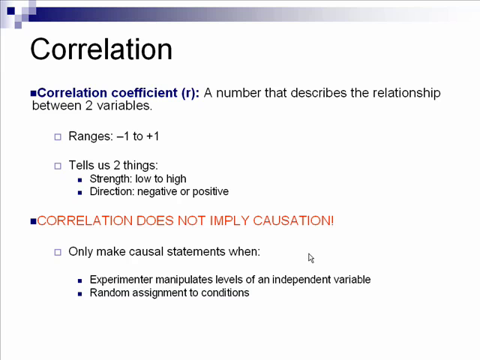Okay, and in order to make causal statements, we have to actually conduct an experiment. In that experiment, an experimenter is going to manipulate the levels of an independent variable, and you're going to randomly assign people to conditions. And you just simply can't do that with correlational studies. You're not conducting an experiment, and you're not able to determine causality.